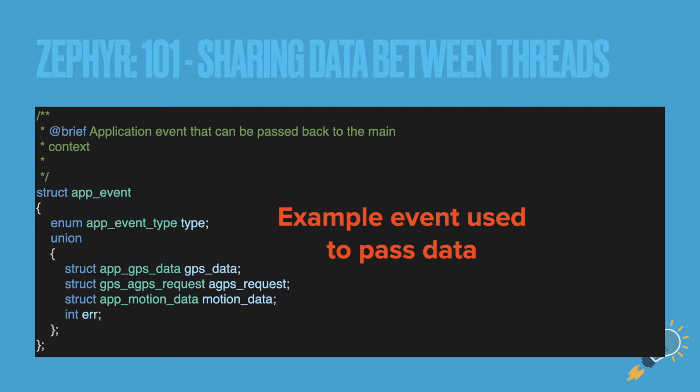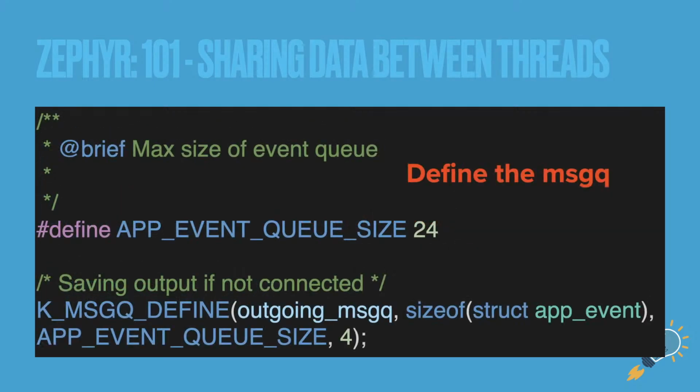So whatever's the biggest struct within that union is going to define the size of that app event struct. And that is what we use to actually define the message queue. The message queue size defines how many entries of that struct we're using, and then we can use the sizeof method to actually get the size of the struct itself.